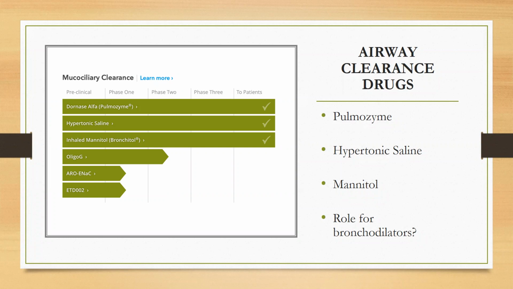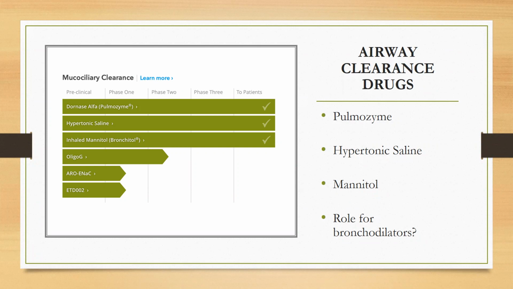Second thing is hypertonic saline. The rationale is that if you're putting more salt into these secretions, you will therefore bring more water into these secretions, make it more liquidy and easier to cough up. Now, the strength of saline used is high. I think it's like 7% or even higher. It's something that we don't usually carry, so it's a bit hard to get here in the hospital, but cystic fibrosis pharmacies carry it, and people can use it.